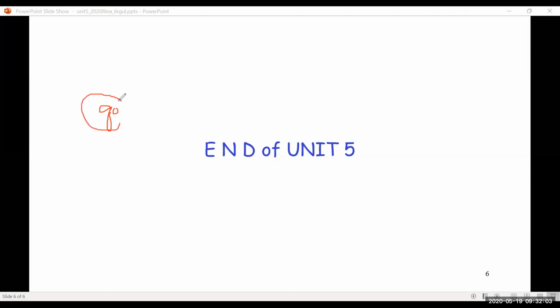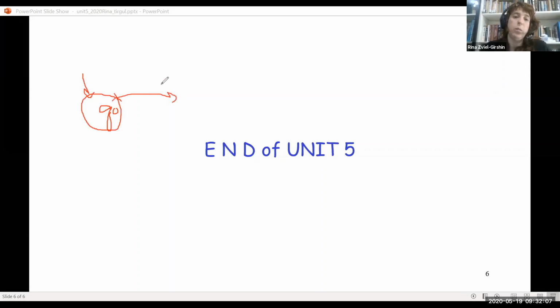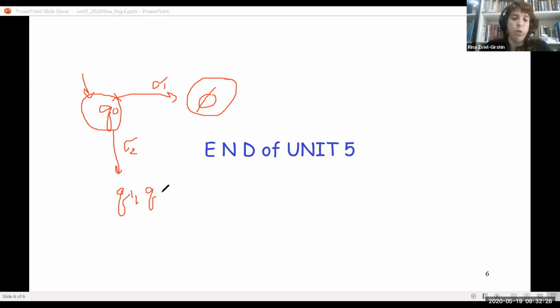So you start with Q0, and now you have to compute this algorithm for each input letter, sigma 1 and let's say sigma 2. You compute directly where you can go. Let's say that here sigma 1 was not defined, so I have an empty set, and sigma 2 leads to Q1 and Q4.